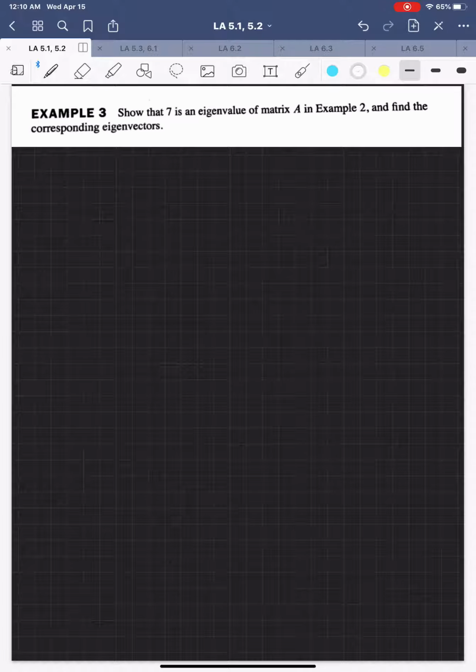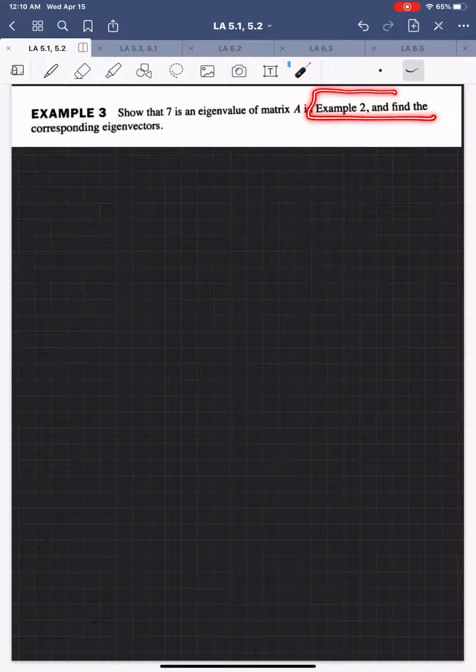Let's see how far we can get, and then we'll either finish the problem or finish it at the beginning of the next video, which I think is what we're going to do. So really quickly, what does the example want to do? We want to show that 7 is an eigenvalue of matrix A, and we want to find which eigenvectors correspond to that eigenvalue.